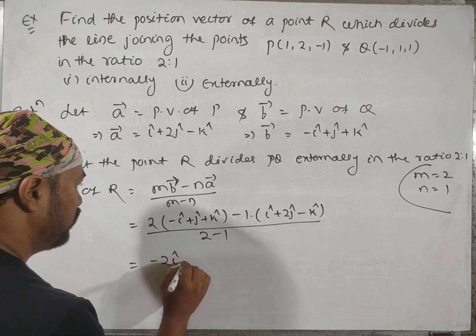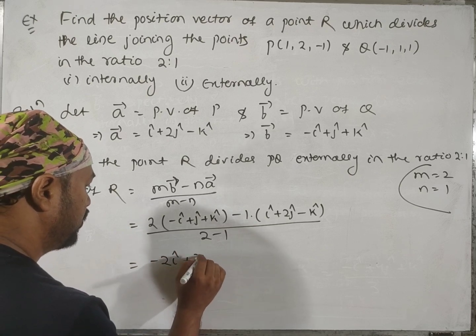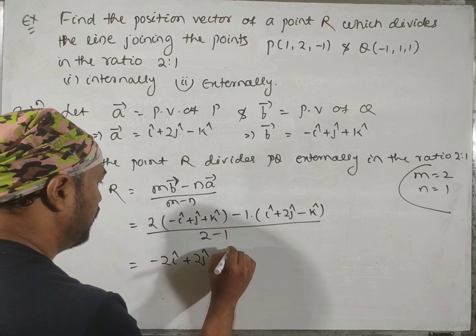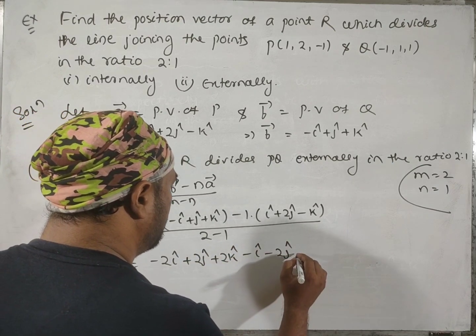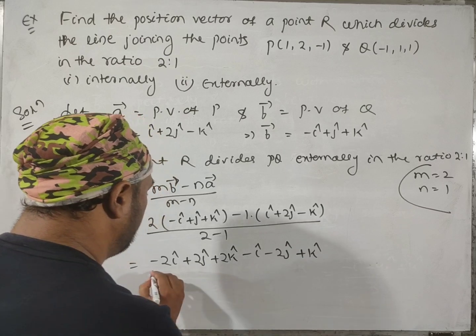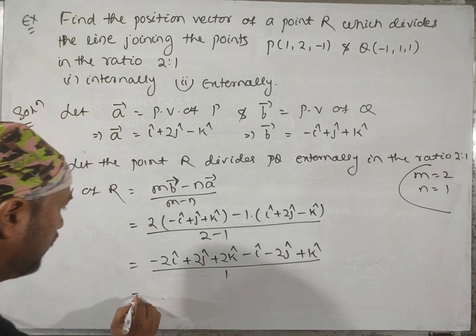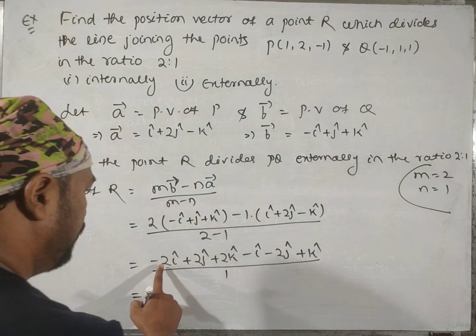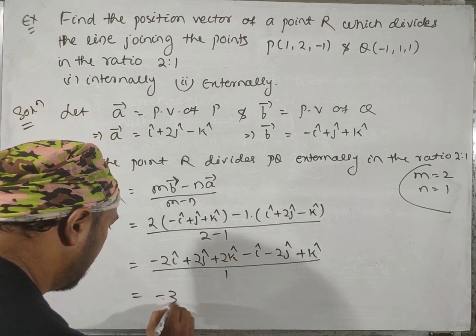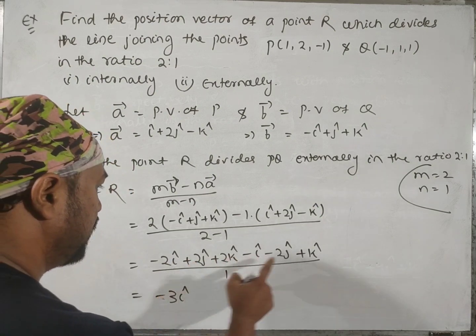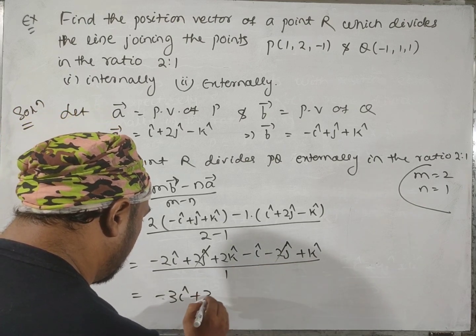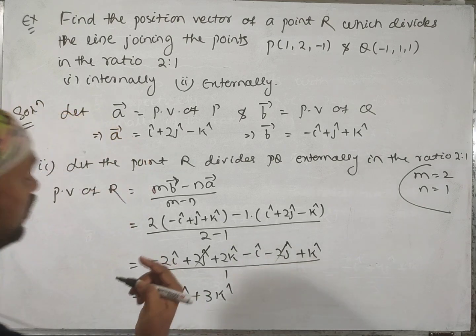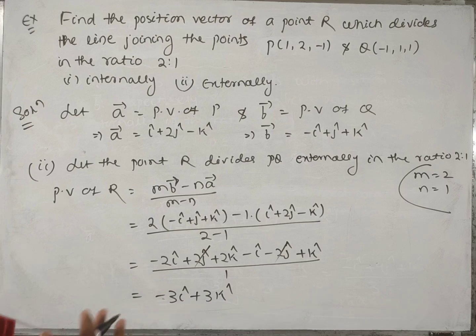It is minus 2i cap plus 2j cap plus 2k cap minus i cap minus 2j cap plus k cap, divided by 1. So it will be minus 2i cap minus i cap, it is minus 3i cap, plus 2j cap minus 2j cap got cancelled with each other, and here it is 3k cap. So here it is the position vector of R, and here it is the solution of the given problem.